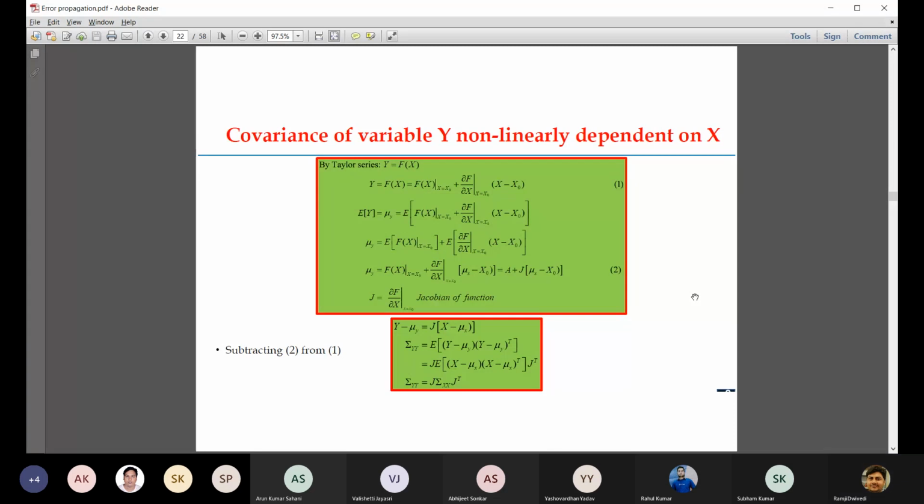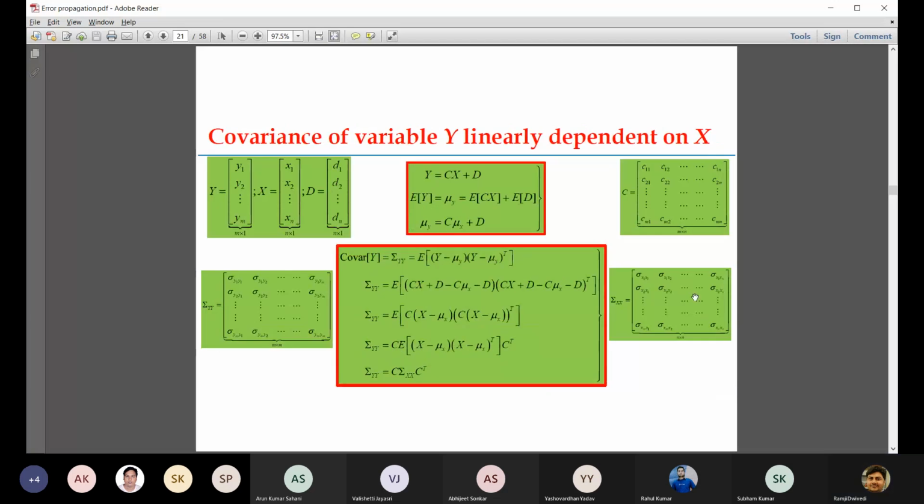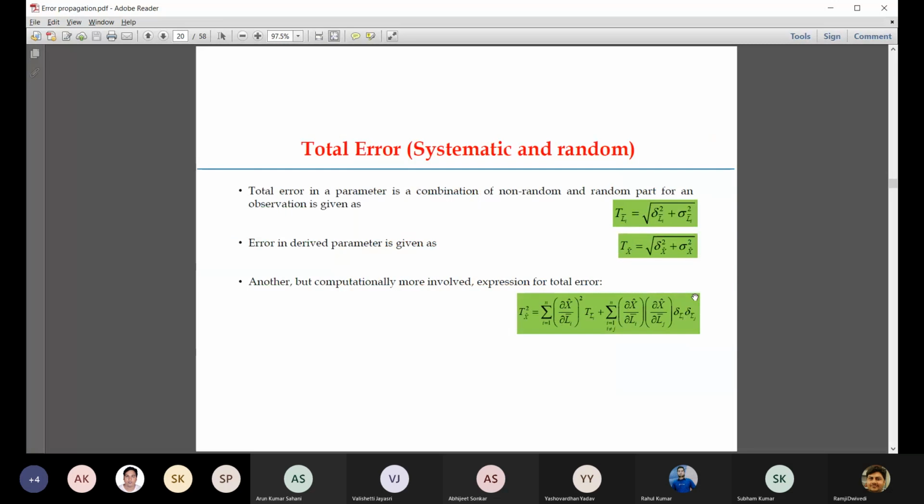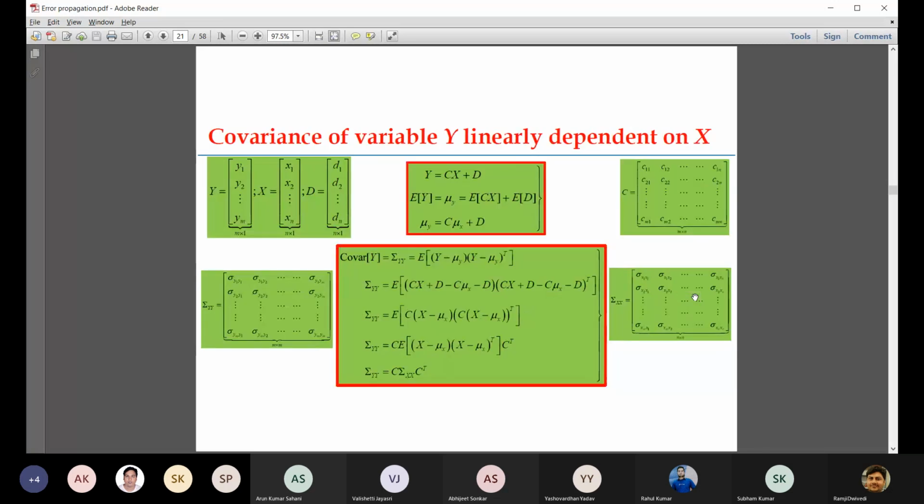Now you are aware of this equation, so it is very clear.